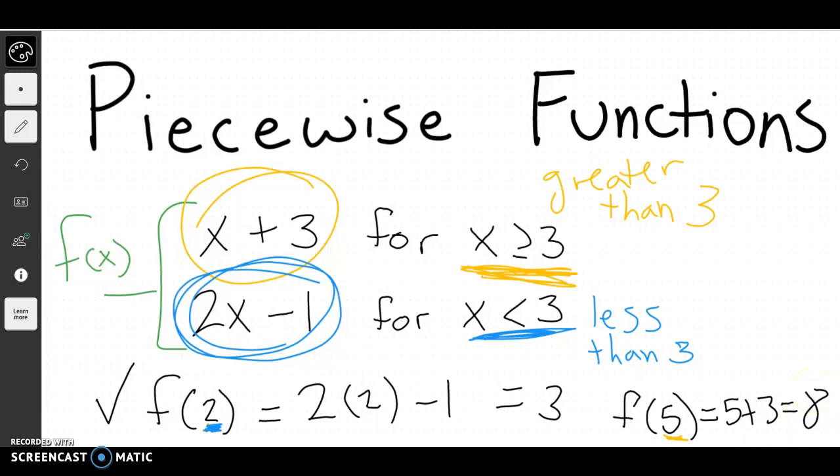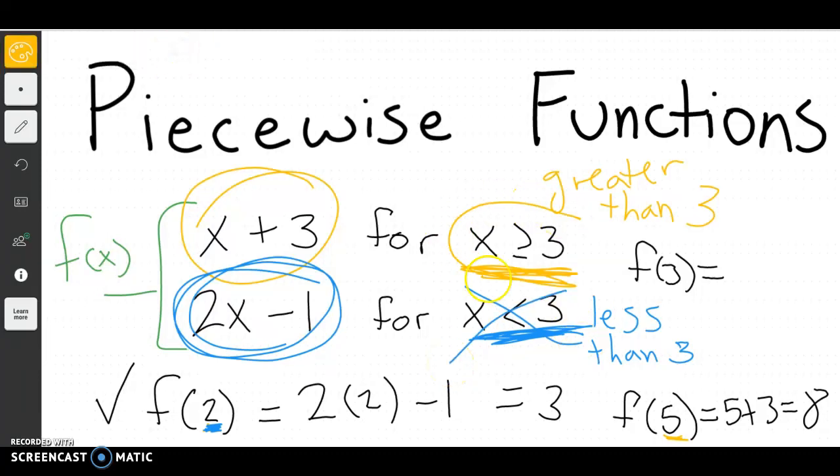Okay. Now you might be asking yourself, what if they chose 3? So what if we want the function at 3? Well, again, I just read my rules. This one is strictly less than 3, so I don't want to use this one because it's strictly less than 3.